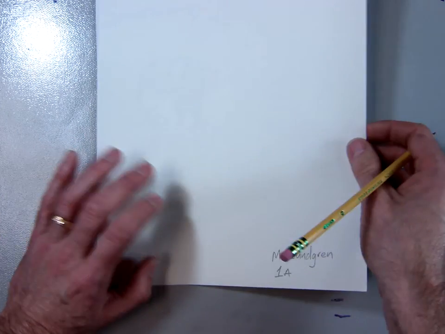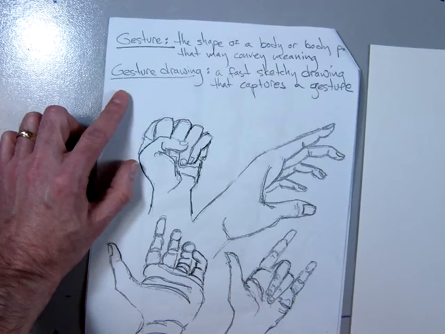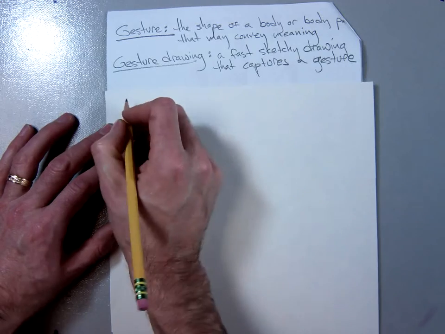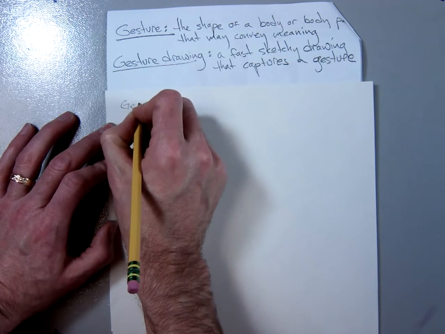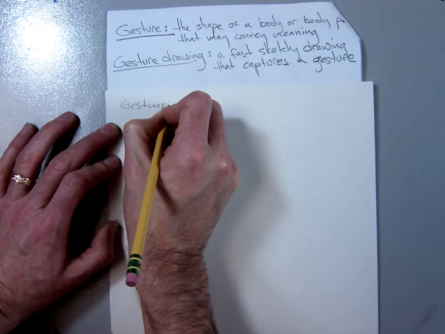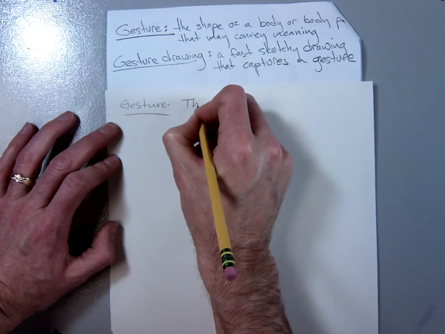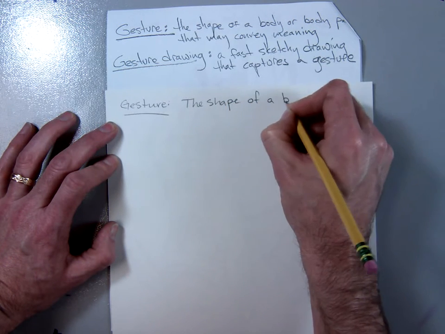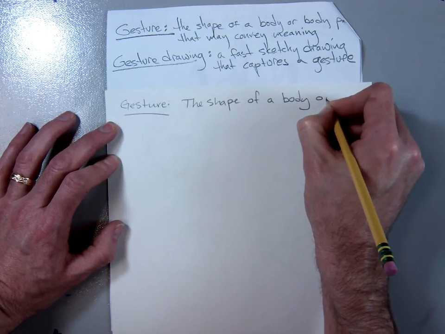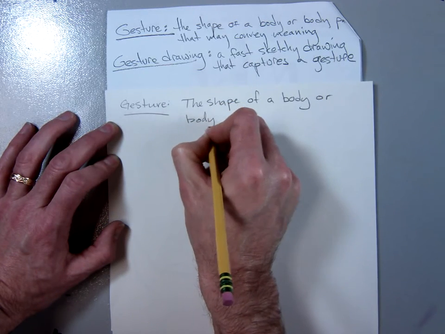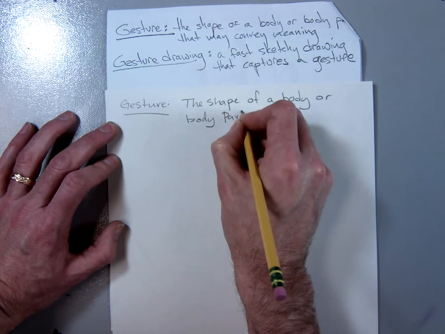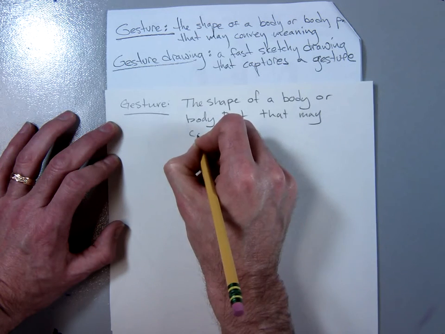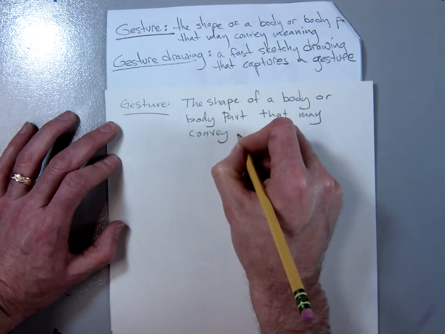Now, on the back of your page, we're going to learn and write the definitions for gesture and gesture drawing. So in your packet you already have in front of you, you're going to write the word gesture. Now, a gesture is the shape of a body or body part that may convey meaning.